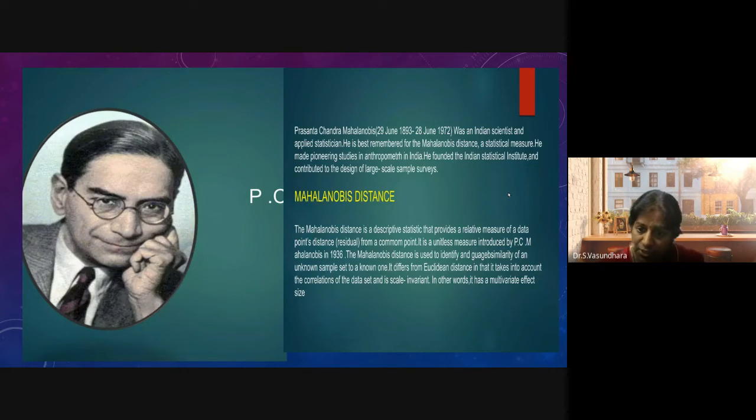The distance is used to identify the similarity of an unknown sample set to a known one. It differs from Euclidean distance in that it takes into account the correlation of the data set and is scale invariant. In other words, it has a multivariate effect size.